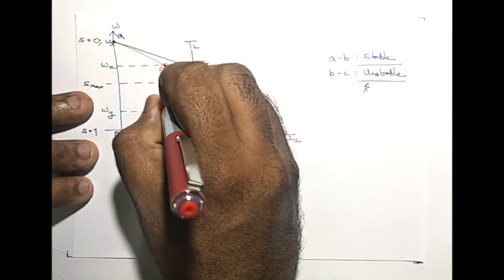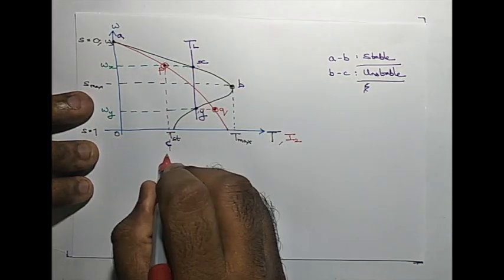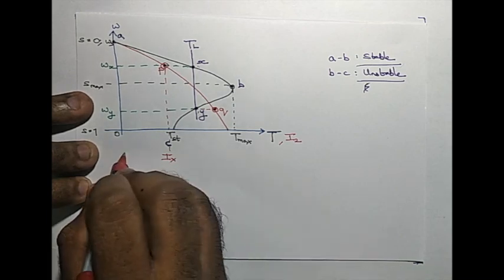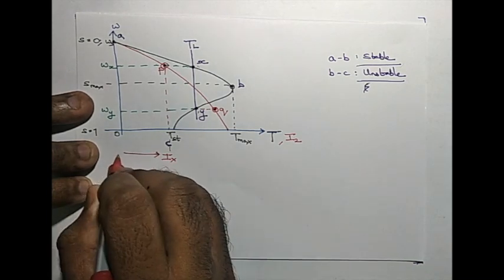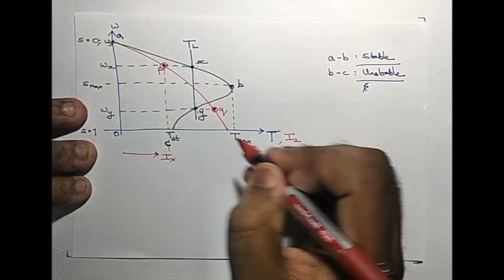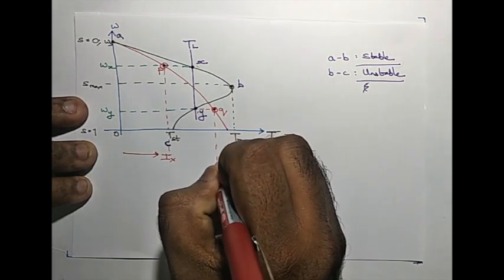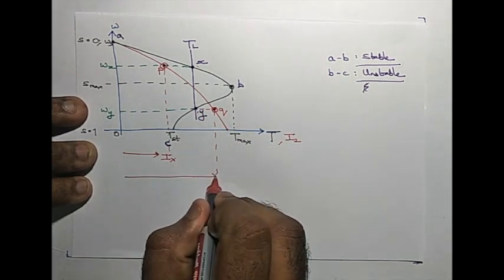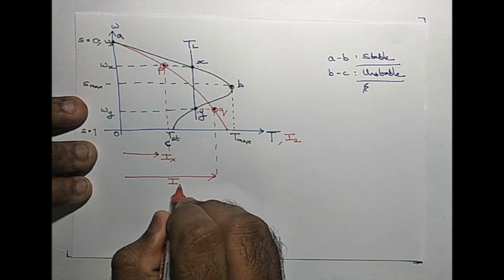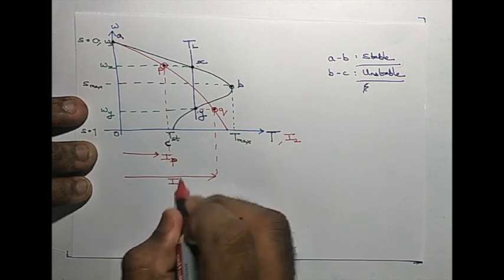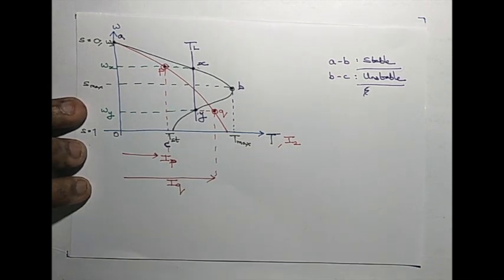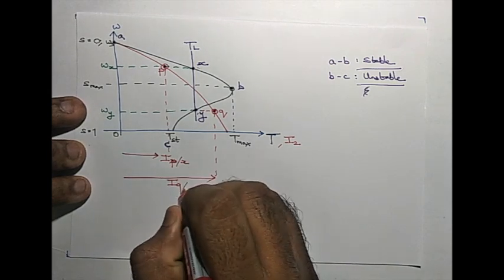Now see, this is Ix, this much is Ix from 0. And if it is operating here, this much is IQ. Or you can also write Ix and Iy.